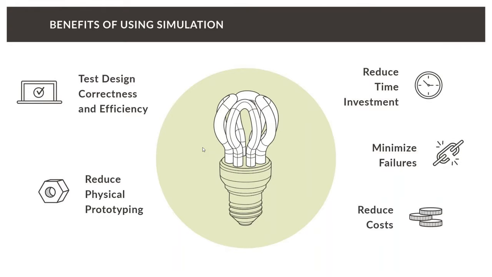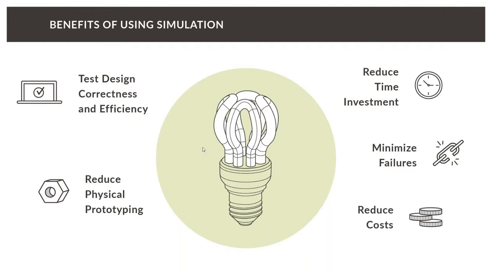The next thing is that it helps us to minimize the risk of failure. A lot of companies or customers using our tools are actually not really doing any optimization. For them, it's just a stage of the product design process where they want to make sure that everything will work out.